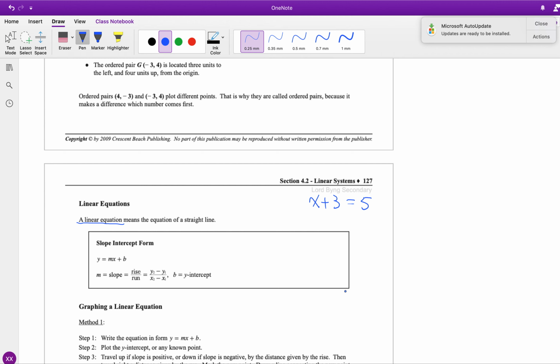It's not like this anymore. There's a y here. So when we talk about linear, it is x to the power of 1. So in this case, y now equals x plus 3. All right? As long as this is a power of 1, this is a linear equation or linear function.